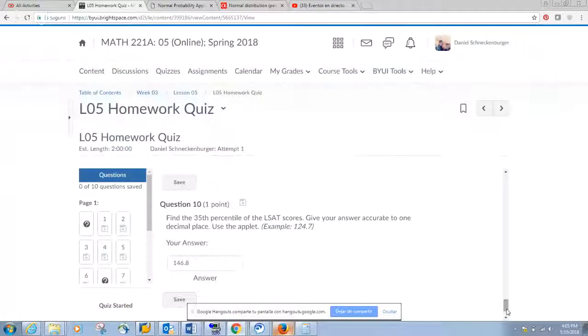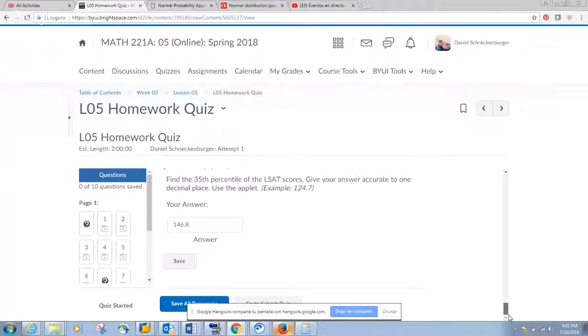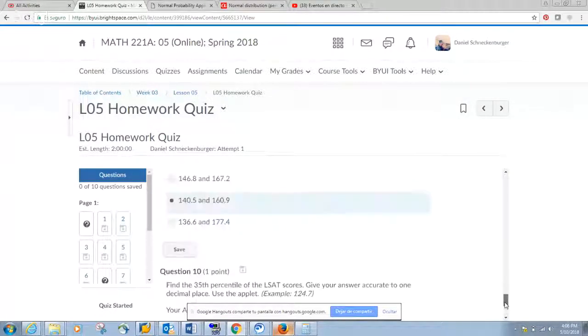Okay, I guess we can give it a try. I mean, it's very close to the one that I got. I'm sure I used the applet, but I'm still trying to figure out how I ended up with that.